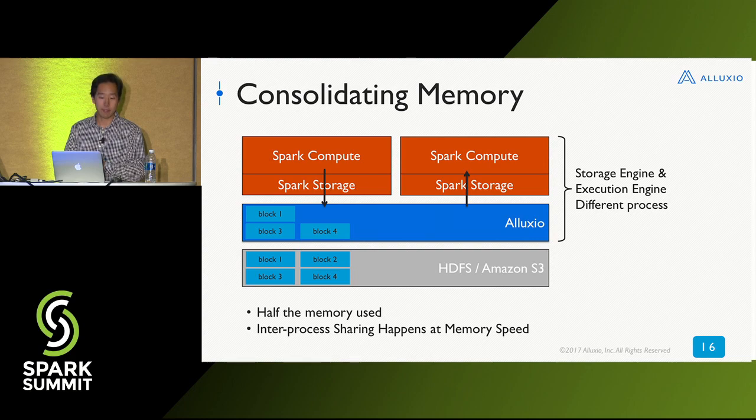In that case, the blocks do not have to be duplicated, and the different Spark jobs can read and write the data directly from memory without duplicating it. So first of all, the memory usage has been consolidated, and on top of that, this is an easy way to share data between jobs through the Alluxio memory.